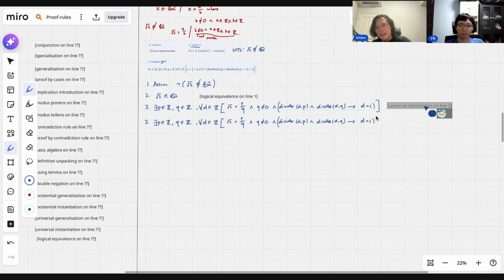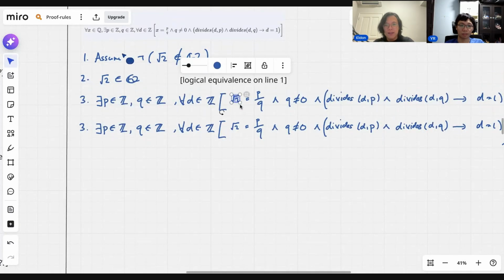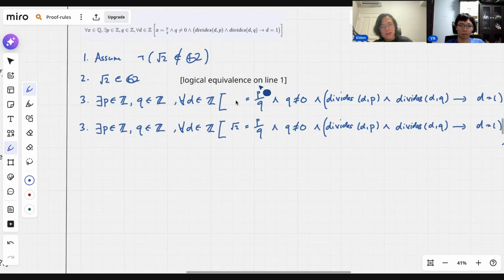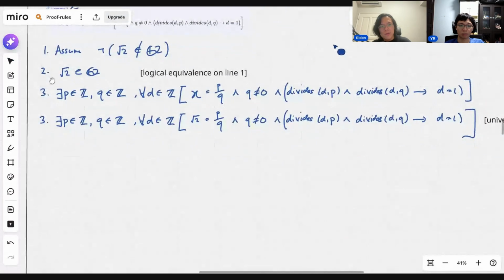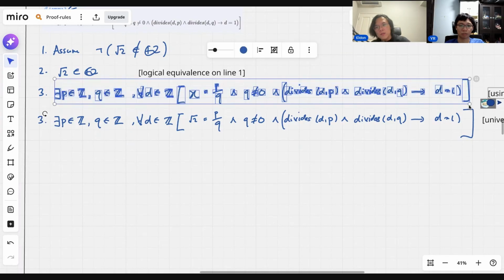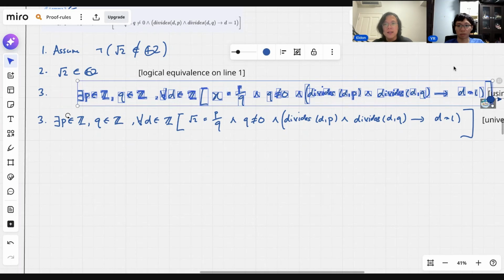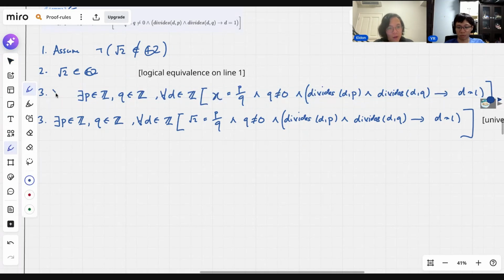This line is correct, but before that, we need to have one more line where this is X. I'm gonna move these to the right a little bit, and I'm going to write down for all X in Q.